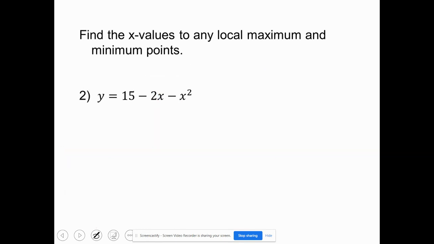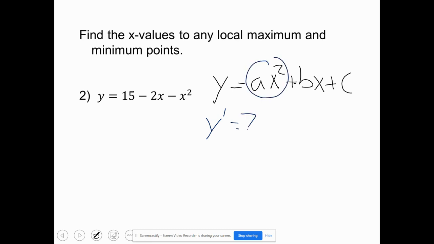Let me erase this. We know all quadratic functions are in the form y equals ax squared plus bx plus c. If I had said I want to find all the max and min points on any quadratic equation, we'd have to take the derivative. y prime equals 2ax plus b, because the derivative of the second term is b, and the derivative of a constant is 0.